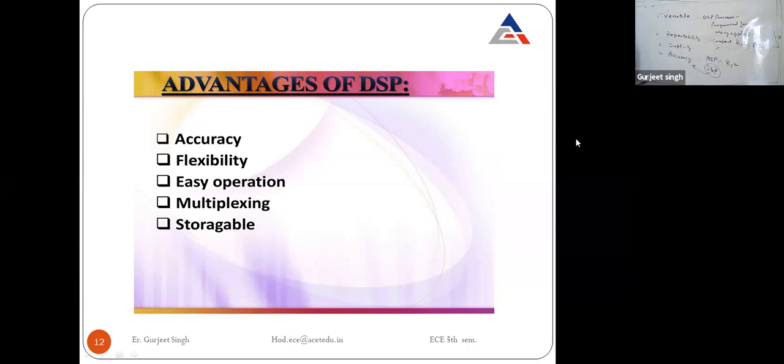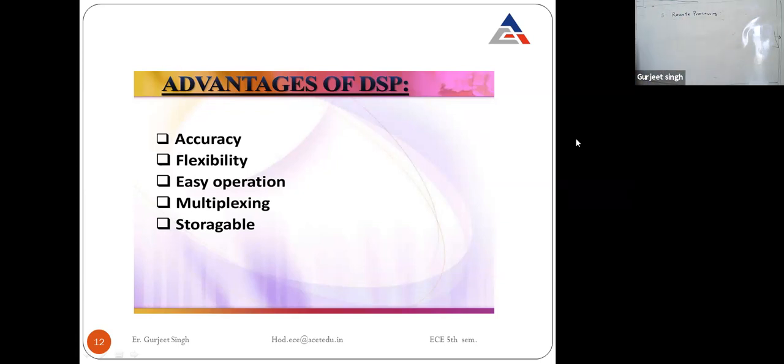The next advantage is remote processing. Remote processing means we can easily store the data of the DSP processor and send it from one place to another place.